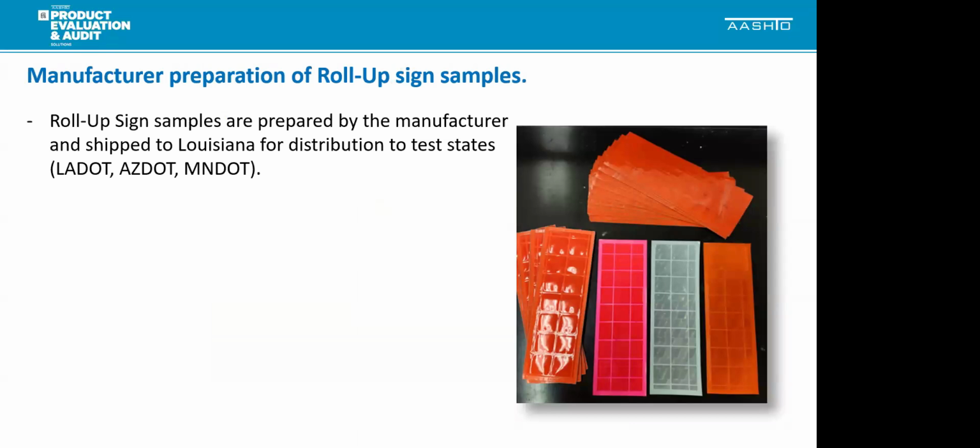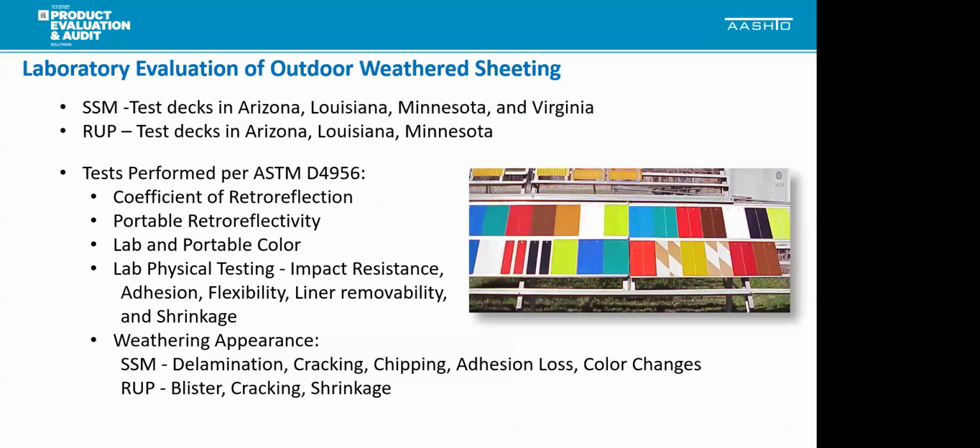And in terms of the roll-ups, a similar process goes on where the roll-up material is sent to Louisiana DOT, and they prepare the samples. And Jason, feel free to jump in and give us some more information. So yeah, we have a very similar process with the roll-up signs.